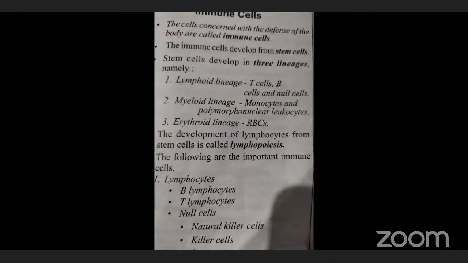Next one is the immune cells. Just now you learned which cells come under the immune cells; that level is enough, because this is not present in your NCERT book, but it is related to immunity.